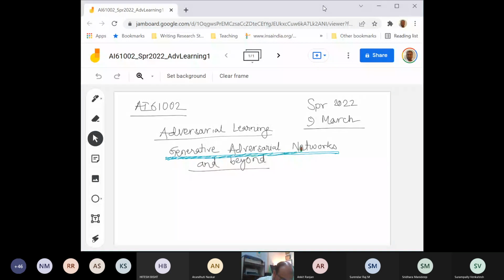So a generative network is something like this. Say I have some data picked out from a random distribution.